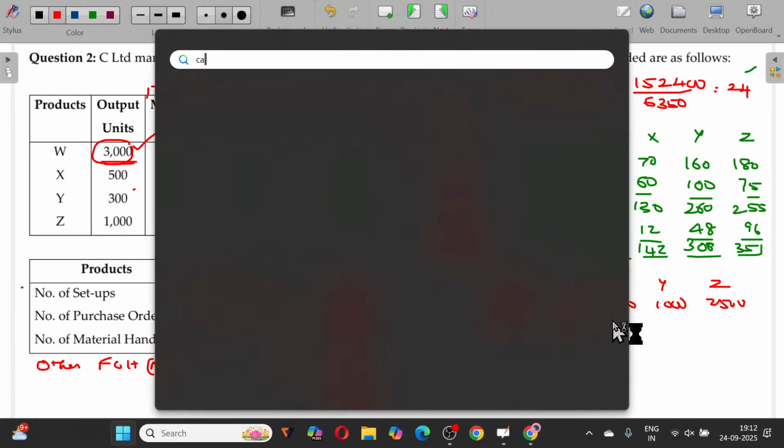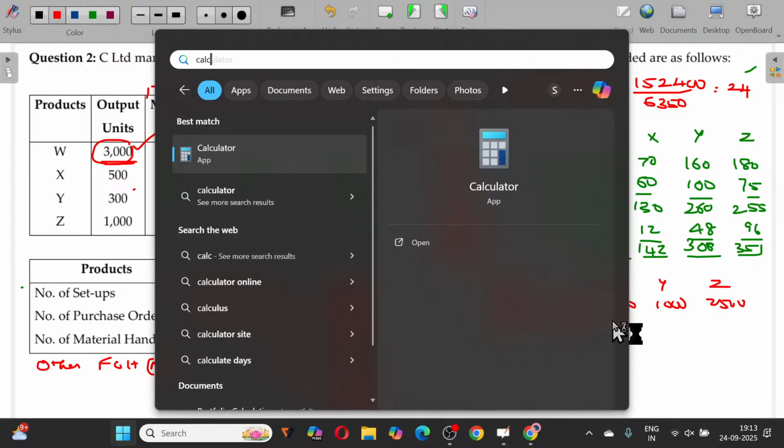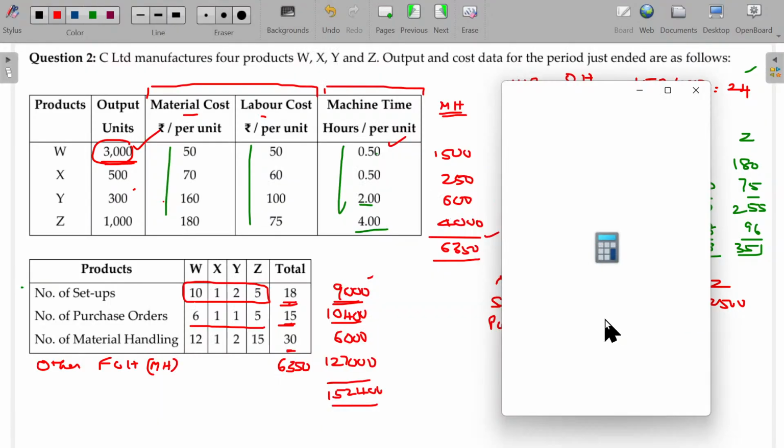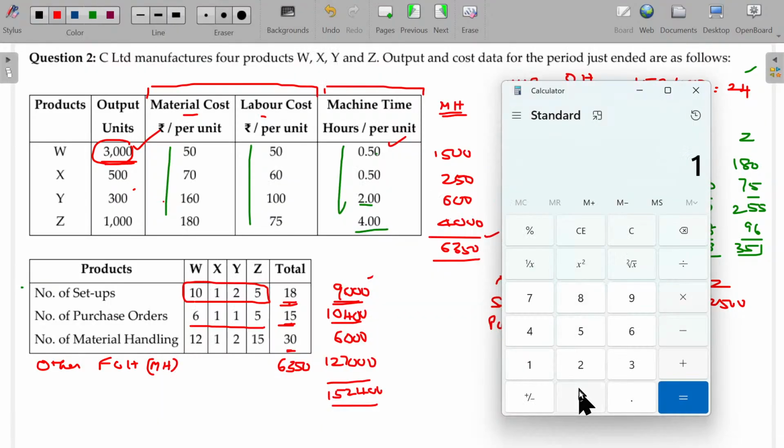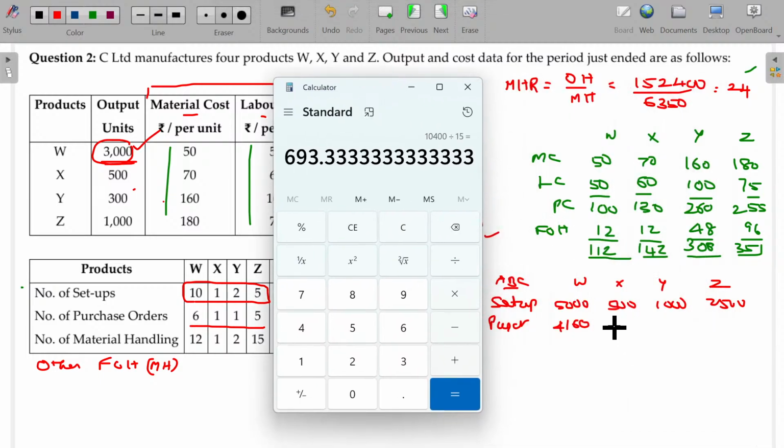Do you know how to use the calculator? Why are you taking so much time? See, 10,400 divided by 15, 693.33, 1 share.